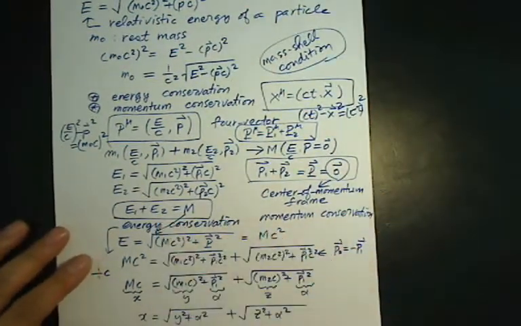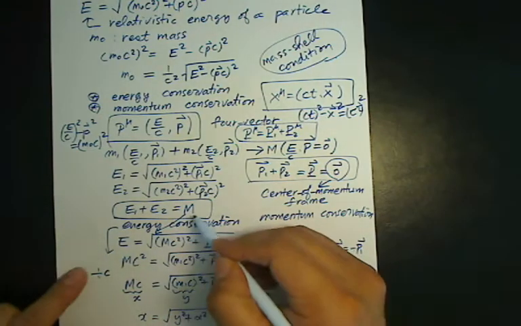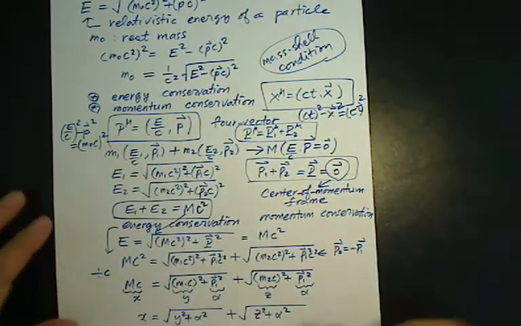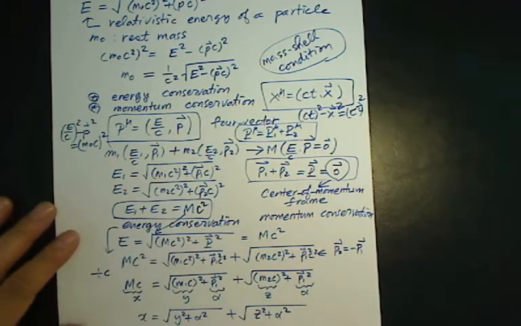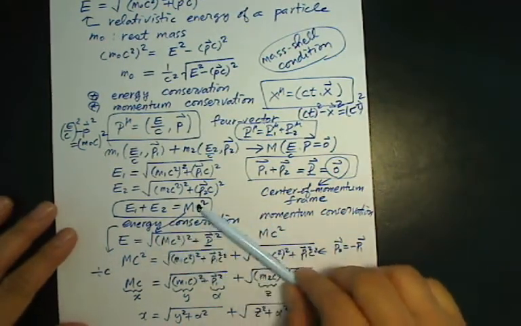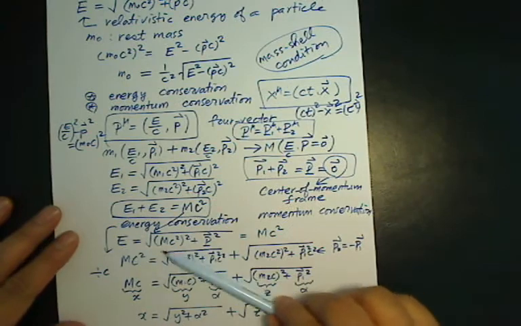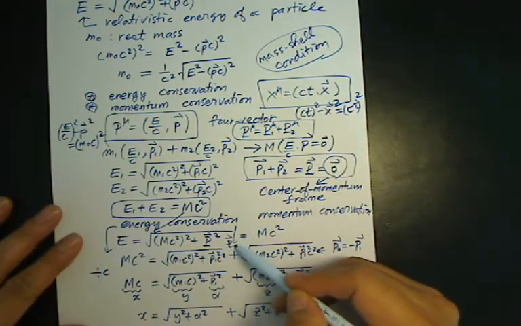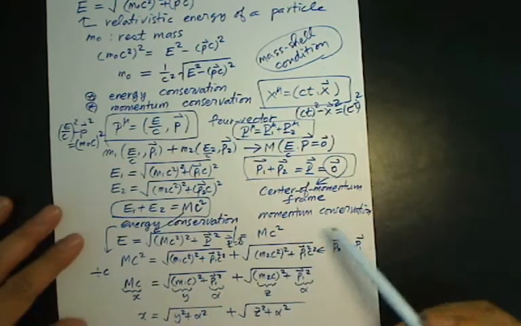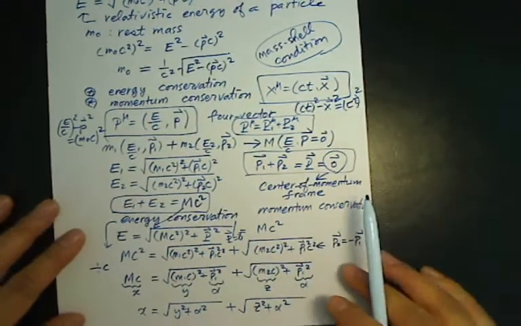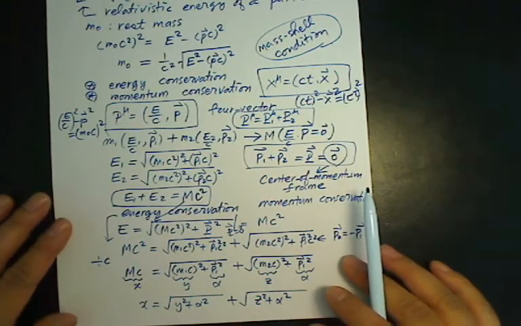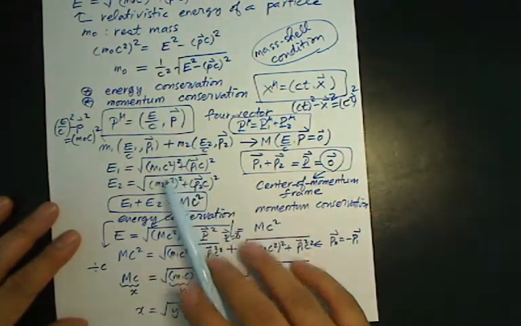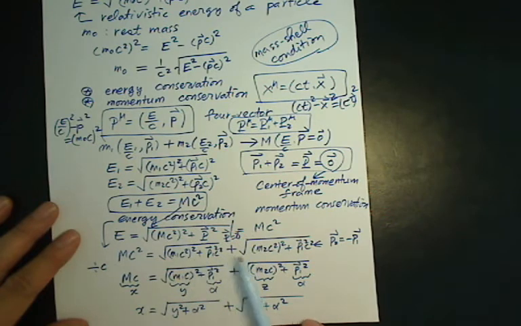Therefore, we have E1 plus E2 equals Mc squared. This one, E equals this one, but we have momentum P equals 0 vector to have Mc squared. Alright, the energy sum of the two particles will be expressed in this way.